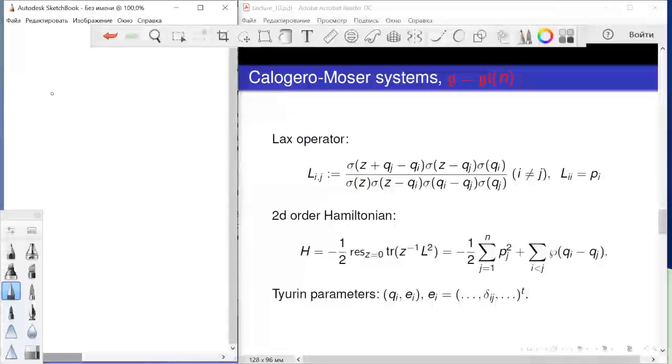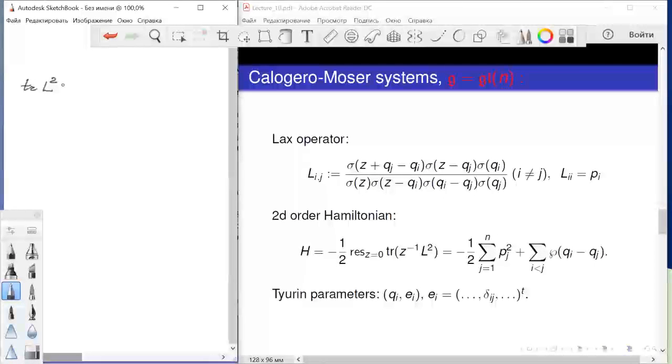To derive the Hamiltonian from the Lax operator, we have to consider invariants of this Lax operator. Consider an invariant of the second order. It looks like this. It's equal to trace L squared.